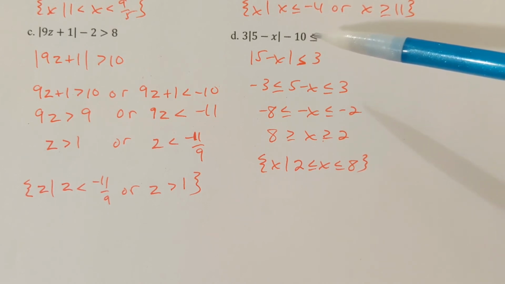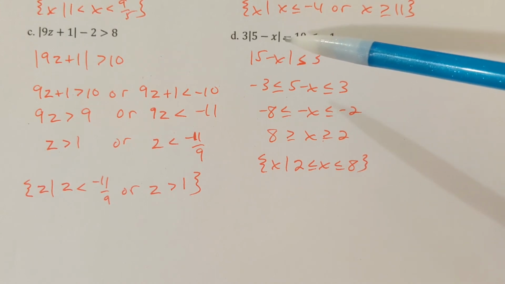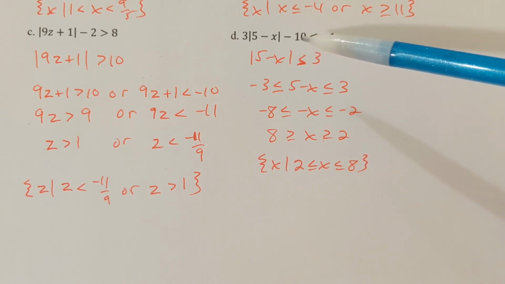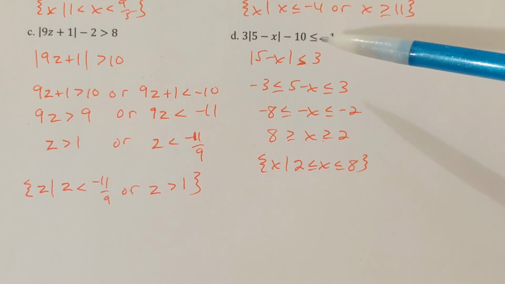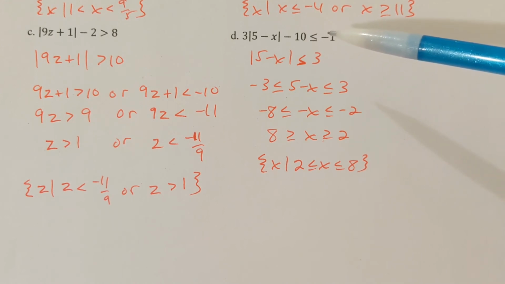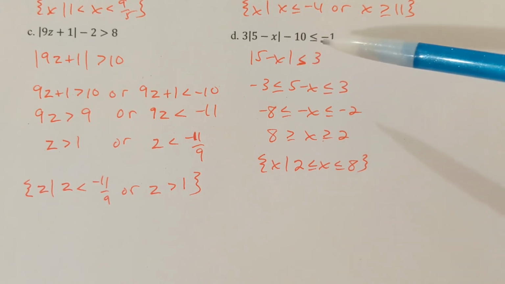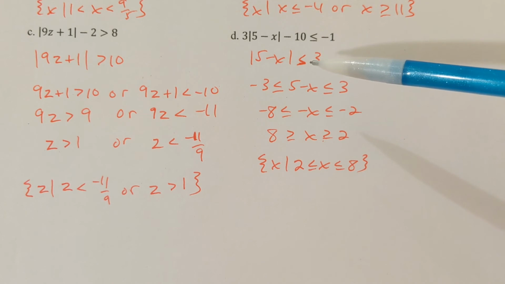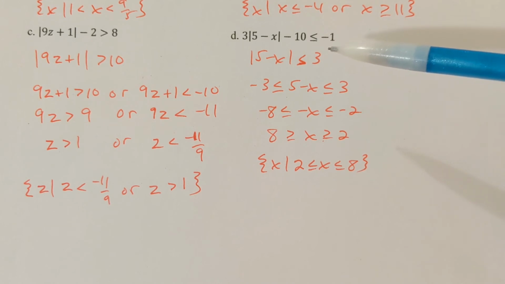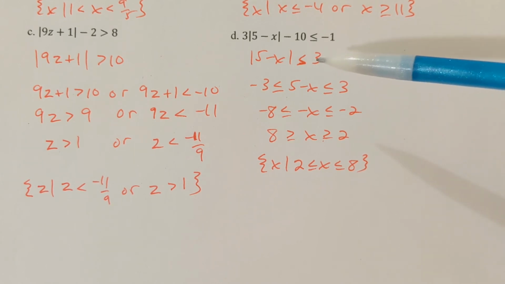Here's another one. If I add 10 and then divide by 3, 3 times the absolute value of 5 minus x less than or equal to 9, divided by 3, gives the absolute value of 5 minus x less than or equal to 3.